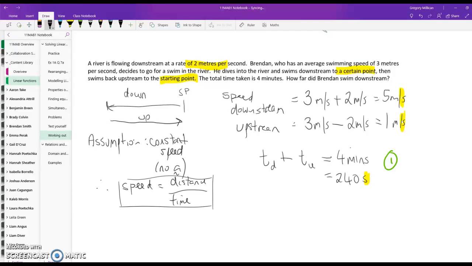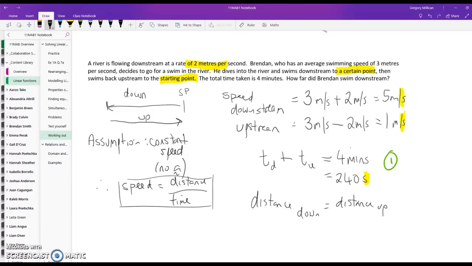And then what we say, all right, well, I'm going to use this formula now. But what do I know? Well, I know the distance in one direction has to equal the distance in the other direction. So therefore the distance down has to equal the distance up.